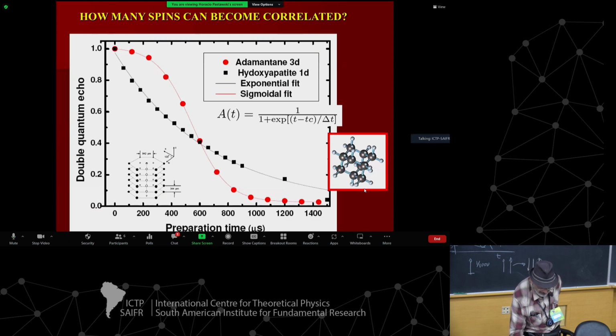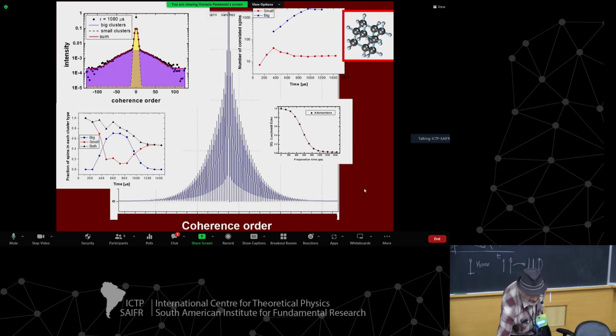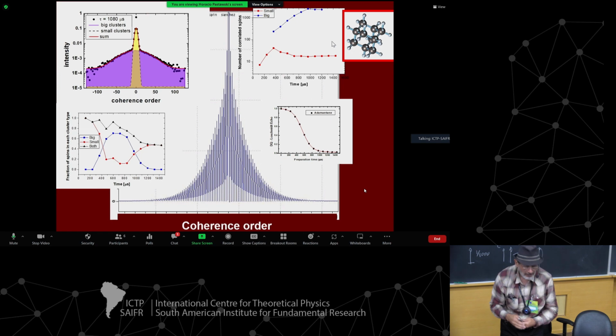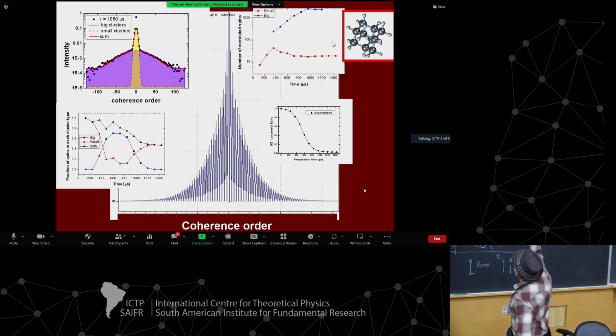So let's go again. In the situation that I have here, that's another organic crystal, adamantane, which is related to diamond. Essentially, you see the number of correlated spins go here, and I have the plot outside, it goes to 3,000 or 4,000, very easily they get correlated.